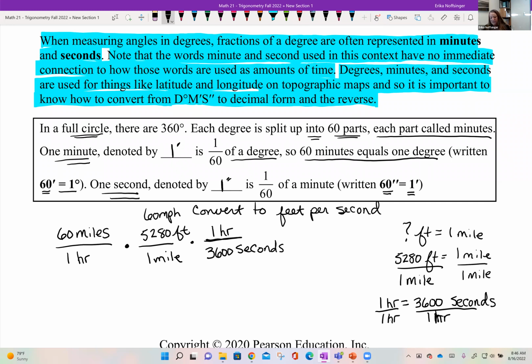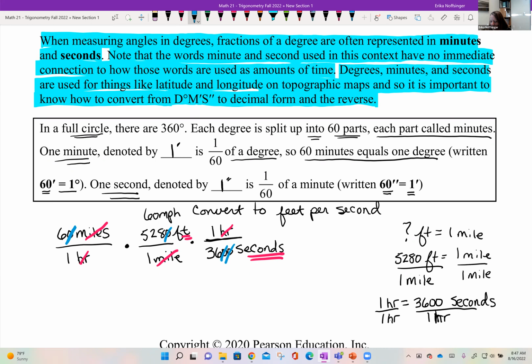And so now we can start simplifying. Notice that the miles units cancel, and hours cancel. And so we're left with feet and seconds. So we're going to have feet per second. Let's reduce this down. I noticed that I'm dividing by hundreds, so I can cancel one of my zeros in the denominator, dividing by 10 on each.